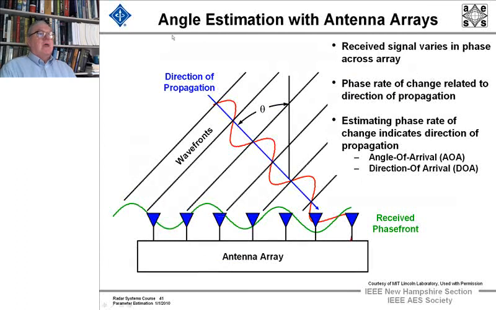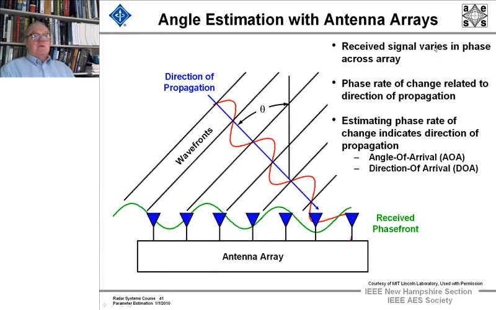You can do angle estimation with array antennas with this phase comparison monopulse technique. If this is the direction of propagation, at an angle theta off the boresight, and this is the wave front of the beam going out in the near field, and here are the received phase fronts.